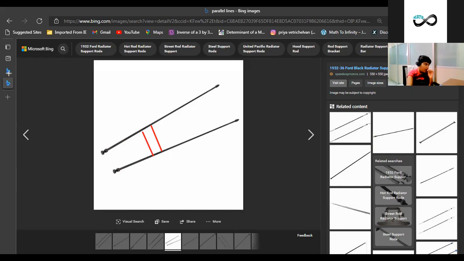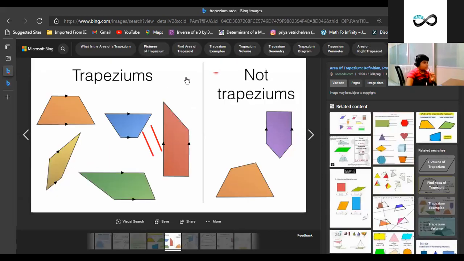All right. So if you look at these, the left and right, they are parallel to each other. But over here, you'll be able to observe a triangle. It is not a trapezium. Here, these two lines intersect at one point, isn't it?